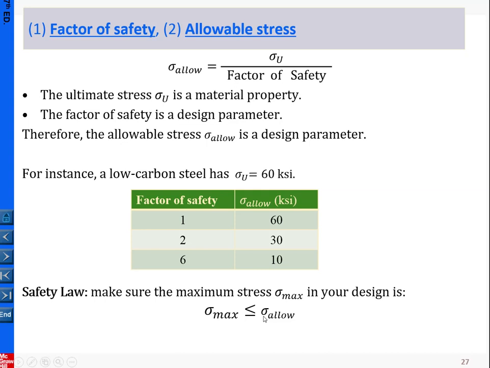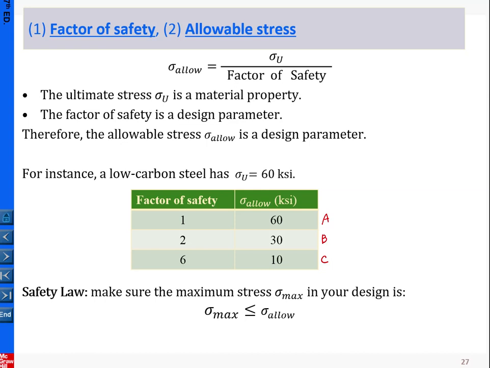Okay, so you may ask, engineer A, engineer B and engineer C have different picks. Which one is good? Here I can tell you, if you pick a larger factor of safety, then you give yourself a larger safety margin.